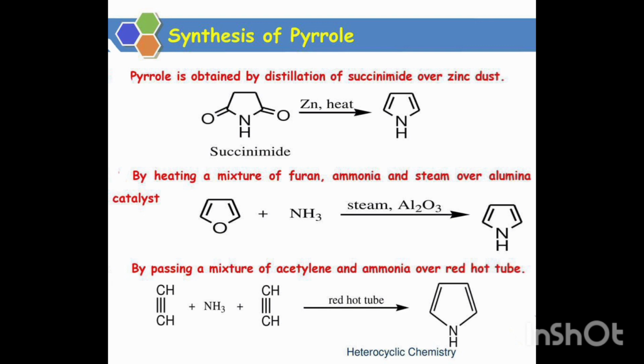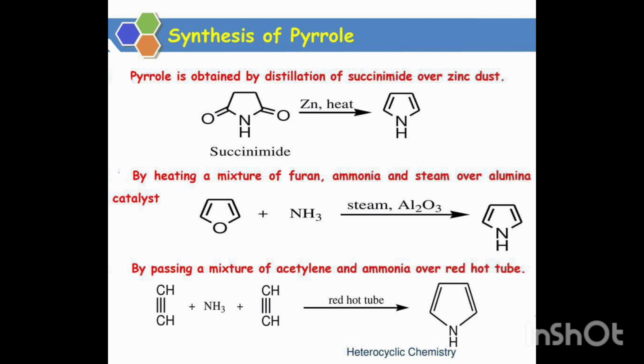Furan is treated with ammonia, NH3; the oxygen is taken by the hydrogens and eliminated as a water molecule. This reaction is carried out in the presence of the alumina catalyst, giving pyrrole.